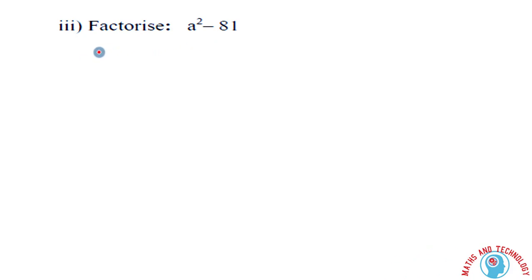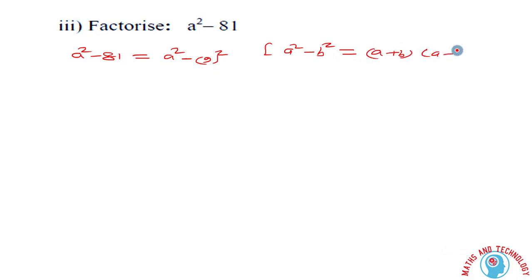We know the formula a square minus b square. First we write here a square minus 81, which means a square minus 9 square. Now we know the formula: a square minus b square equal to first bracket (a plus b), second bracket (a minus b).